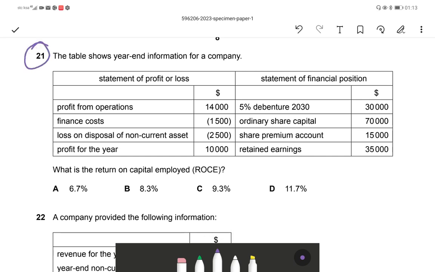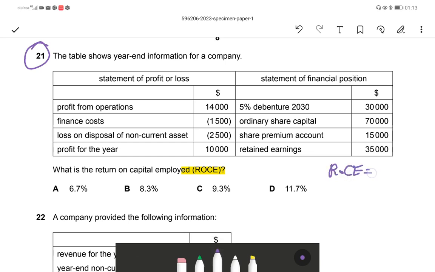Question 21. The table shows year-end information of the company. They are given different information. What is the question? What is the return on capital employed? ROCE means profit divided by capital employed.